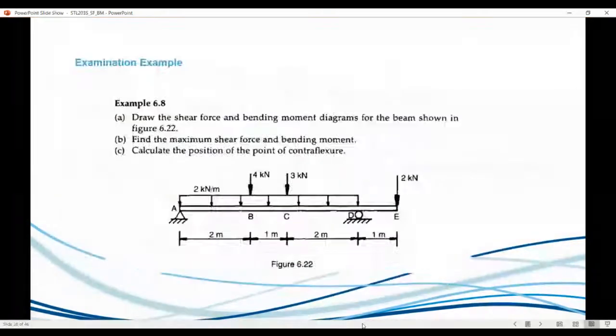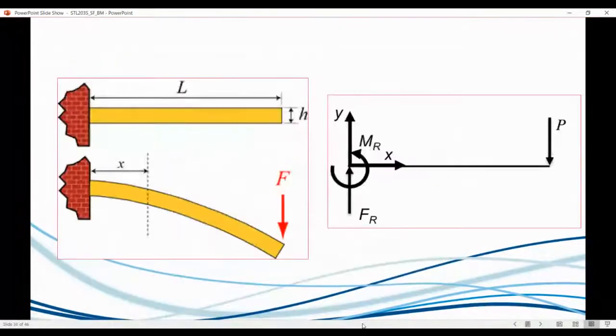Okay, let's get back. With a cantilever, what's important to note is that we don't work it the same way you work a normal beam. For instance, we take moments from the free end, not the fixed end, and then we move backwards.